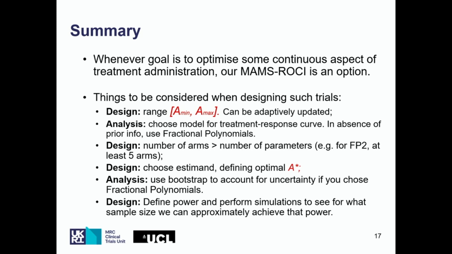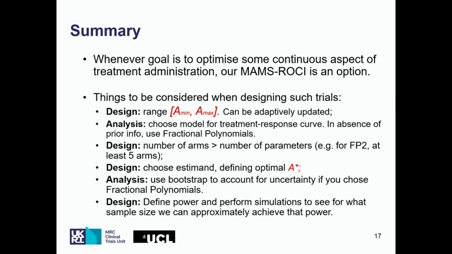So I think this is the actual order in which these things have to be considered. First, it needs to be considered what is the right range in which we want to randomize patients. And as I just said, this can be adaptively updated if we think that we don't have the evidence to be confident to randomize patients to the lower bound of this range.